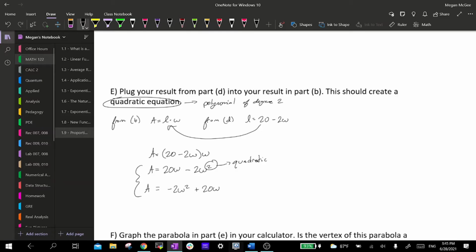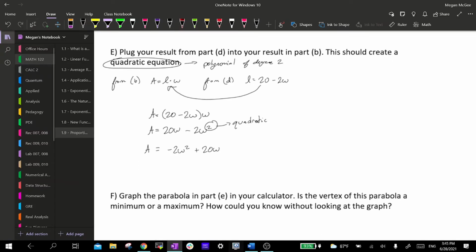All right, so now it is truly the first term and the leading term in our quadratic. And that's all I meant by make sure you're looking through the whole formula before you pick the exponent that is the degree of the equation. So we did indeed create a quadratic equation.